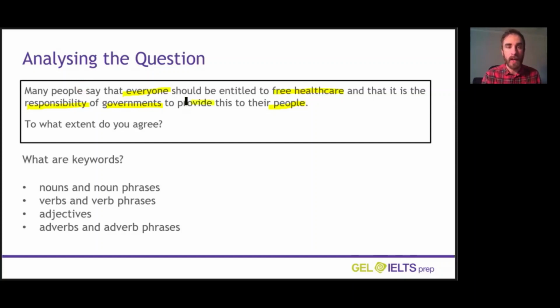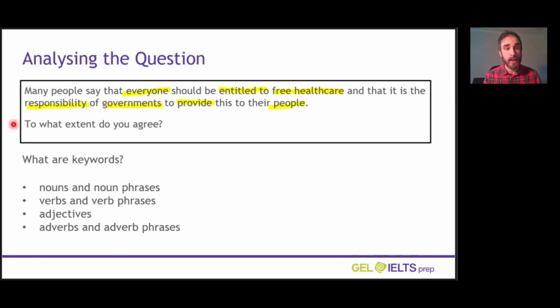Well, we have provide, so provide healthcare to their people. Adjectives, we have entitled to, so to have a right to something. There are no useful adverbs to highlight here. So these keywords tell me that it's about governments having a responsibility to give free healthcare to everyone.